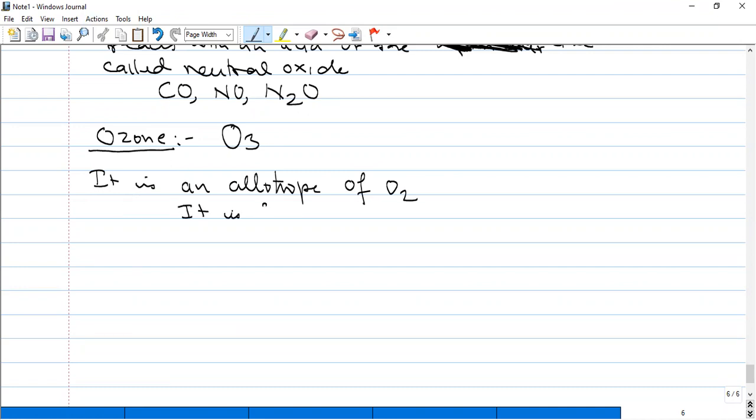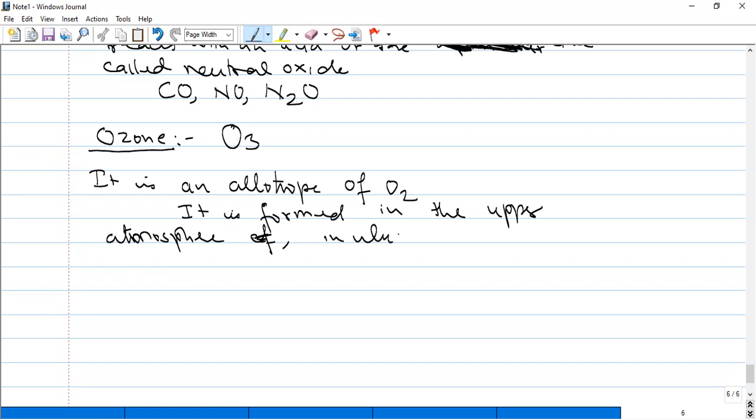It is formed in the upper atmosphere, in which the ultraviolet rays dissociate the oxygen molecule.